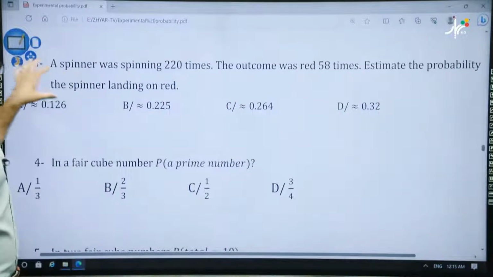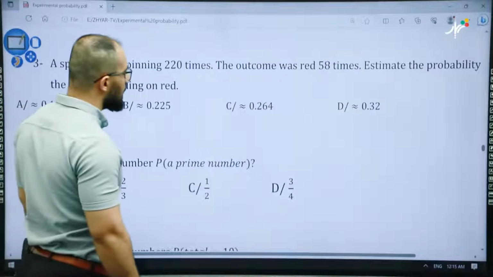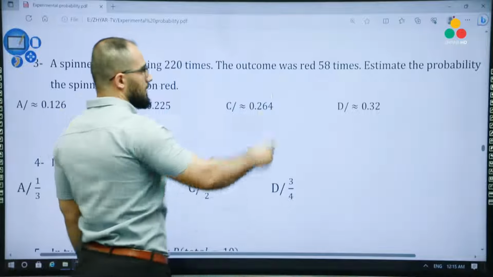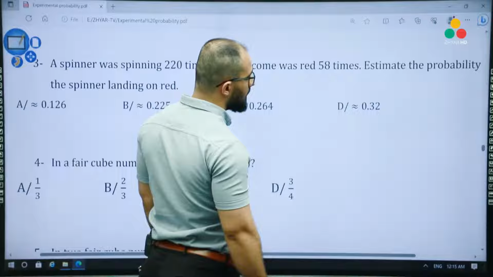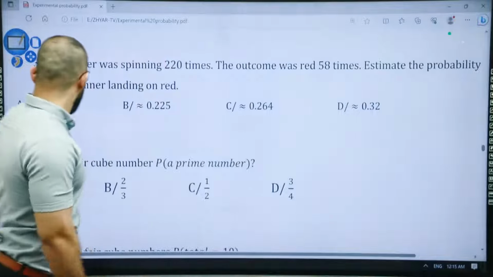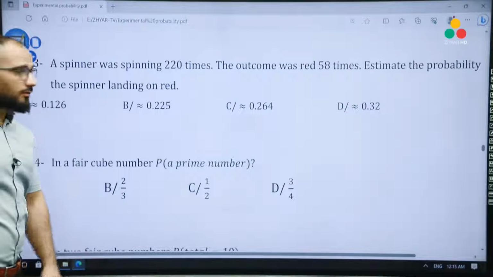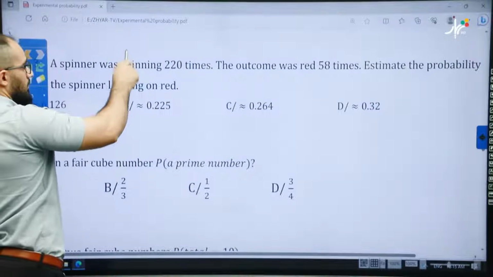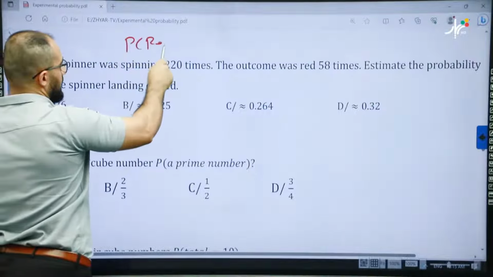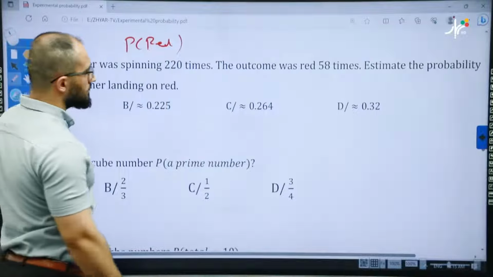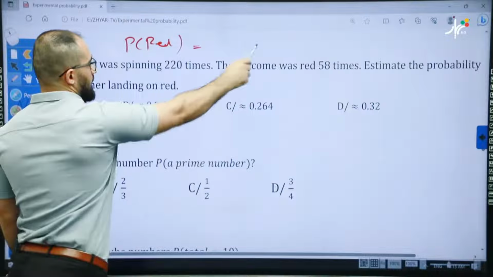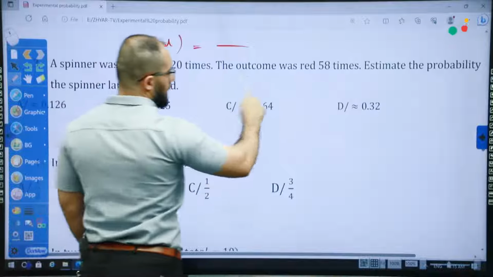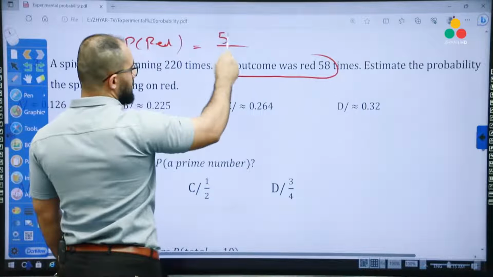So we have another question, question 3. It says a spinner was spun 220 times. The outcome was red 58 times. Estimate the probability of the spinner landing on red. So we have P of red. It says the outcomes of red is 58.